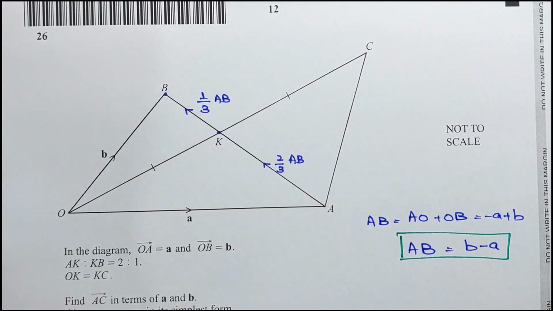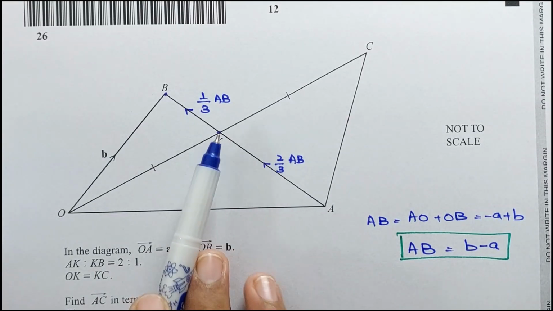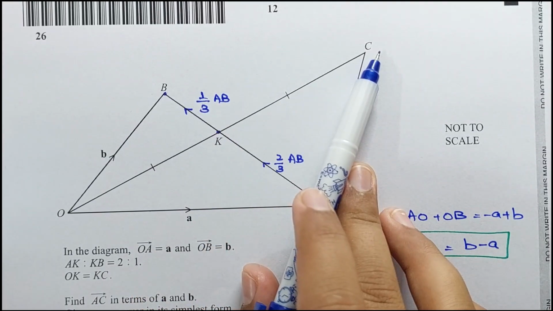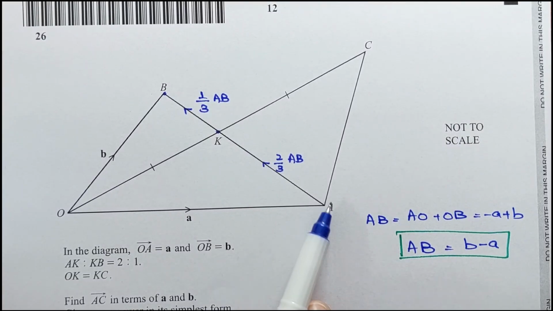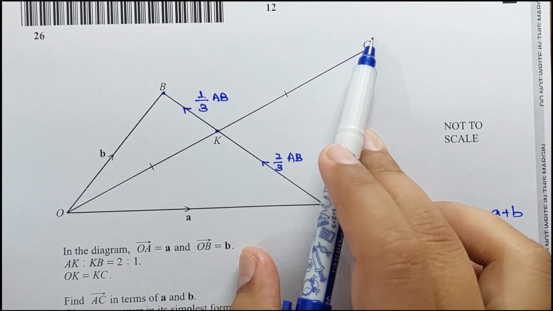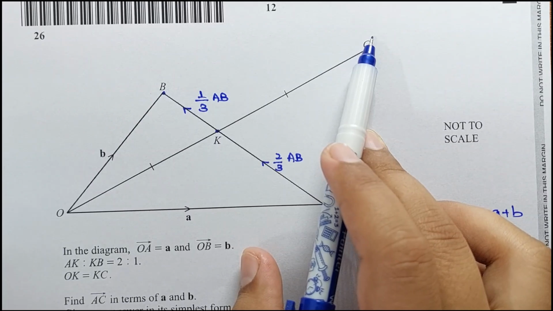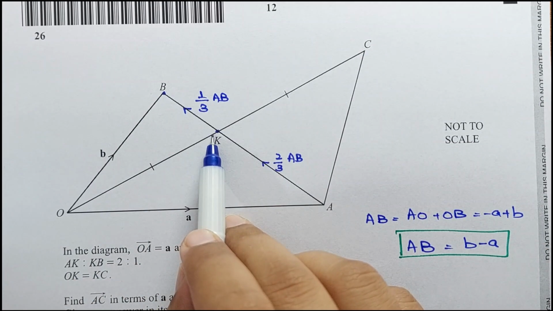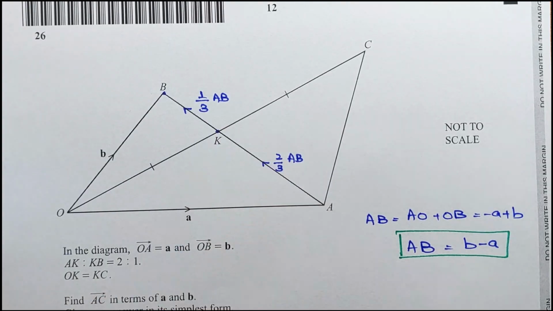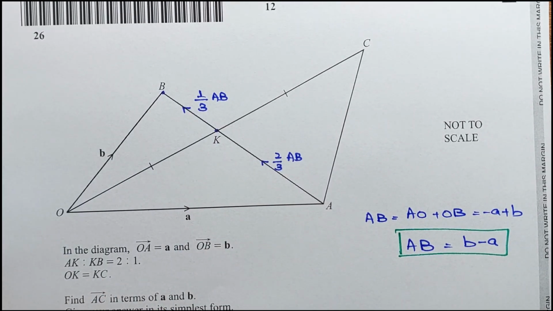Okay. Now the question says OK equals OC. O to K and K to C both are equal. All right. Find AC in terms of a and b. A to C we have to find. So we need to figure out what O to K is first.